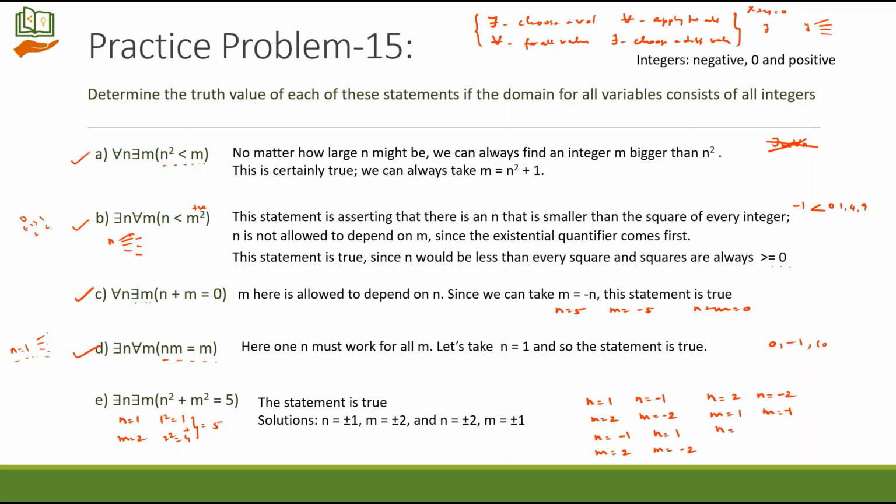Similarly, n is equal to minus 2, m is equal to 1, n is equal to 2 and m is equal to minus 1. So for both positive integers and both negative integers, we have 4 solutions. For the combination of positive with negative and negative with positive, we have 4 solutions. So altogether there are 8 solutions to this particular question.